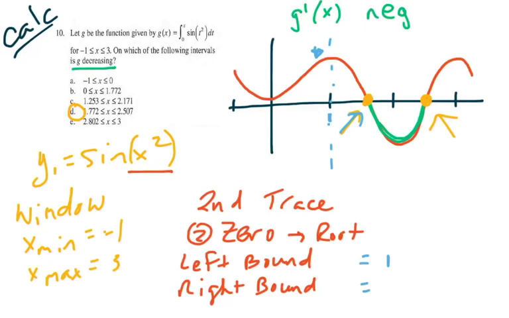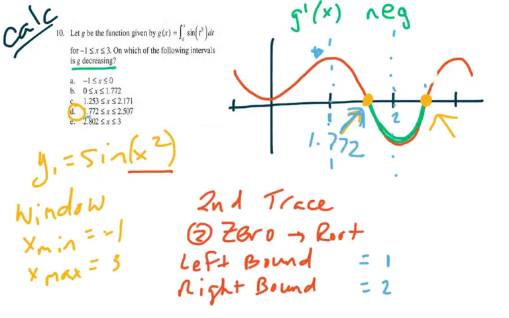Now for the right bound, I can't go too far to the right where I'm also including the second point, so I have to pick somewhere in between. x equals 2 is right there in the middle, so I'm going to choose that as my right bound. When it says guess, I usually don't type anything in. You can just hit enter again, and it comes up that this x value is 1.772.